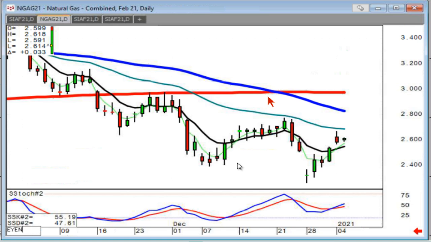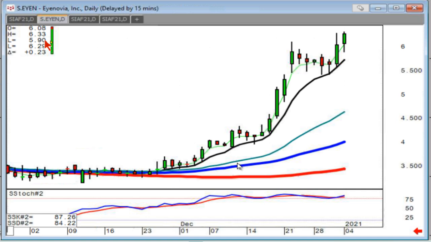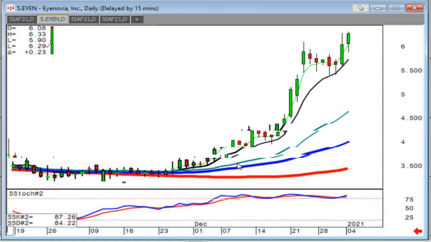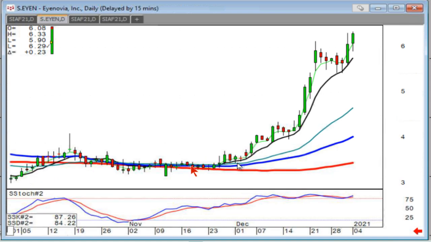Let's take a look at why we recommended some today. EYEN. You can see where it bounced and did a kind of morning star type signal right off the T line. And what would this be a pattern of? There's your classic fry pan bottom followed by a J hook.